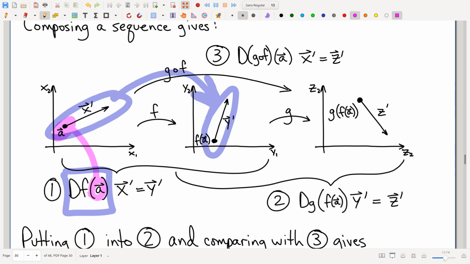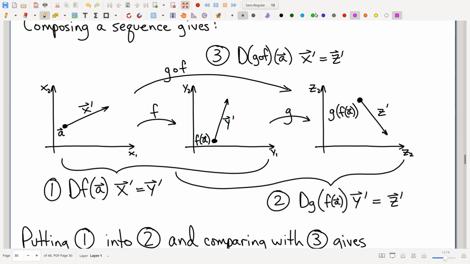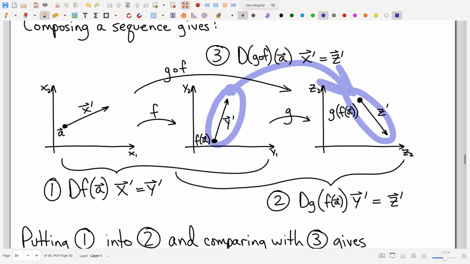So sure, seems reasonable. But now let's look at the dg matrix. Now the dg matrix turns y prime into z prime. And same question. Where are we evaluating this dg matrix? Where am I when I'm moving in the domain of g, when I'm moving with velocity y prime?